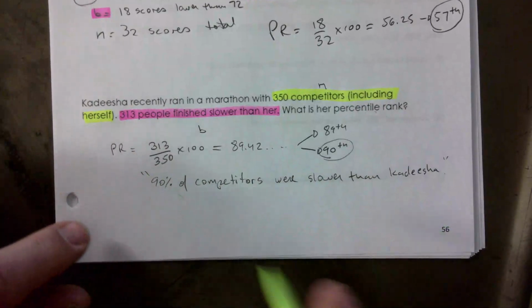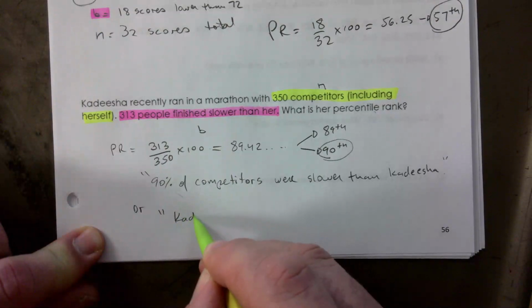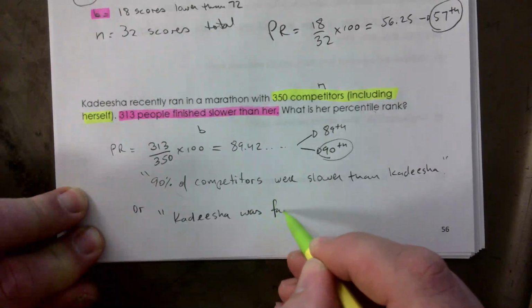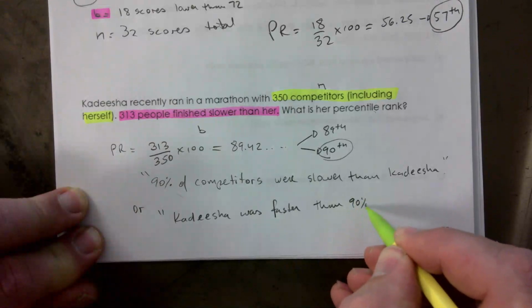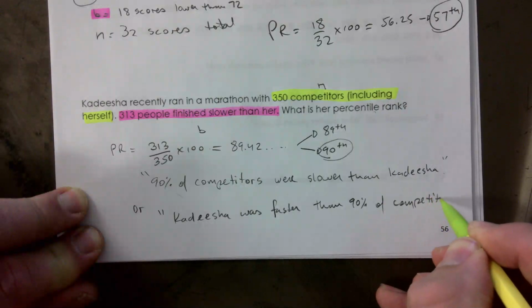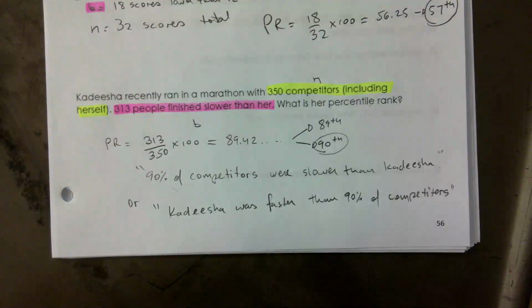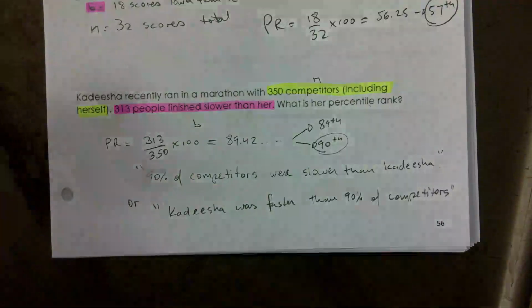You can say it that way, or Khadisha was faster than 90% of competitors. Either one is fine. Just understand, right?